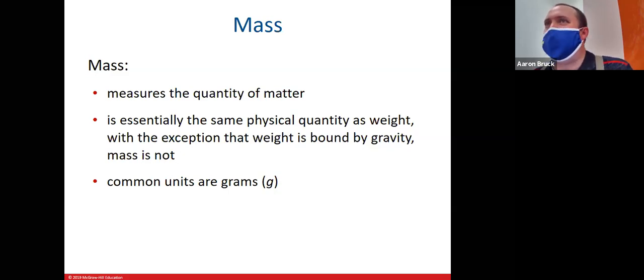Where mass and weight really get into fundamental differences is when the force of gravity is variable. So if I'm comparing the density of iron here on planet Earth versus the density of iron on Mars, yeah, they're going to have slightly different values because the force of gravity is going to be different there.